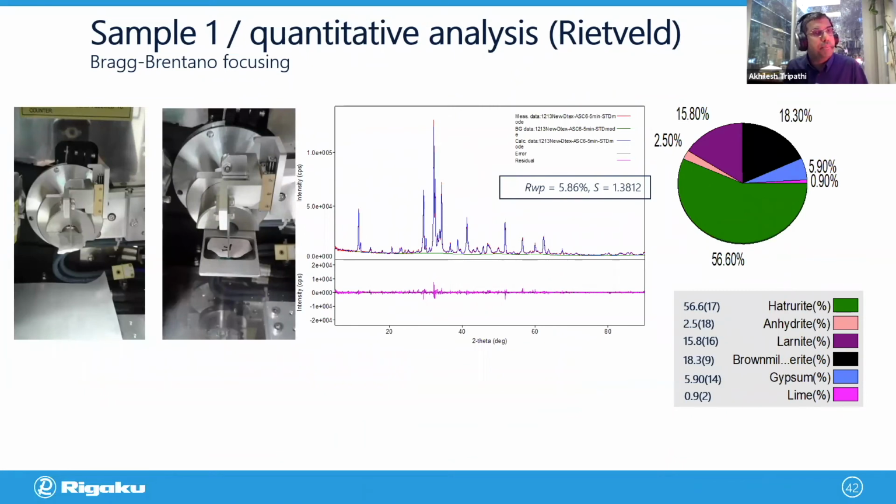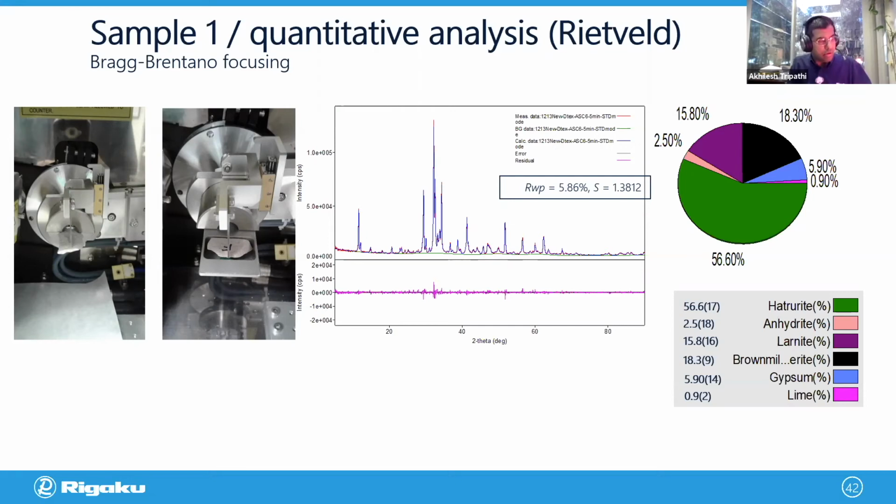As I mentioned in the beginning, it is not limited only to powder. Here I'm showing two cement blocks, which, for some reason in this project, I was told not to grind into fine powder, which is the ideal situation, but we can still analyze them and get a fair idea of the phases present.